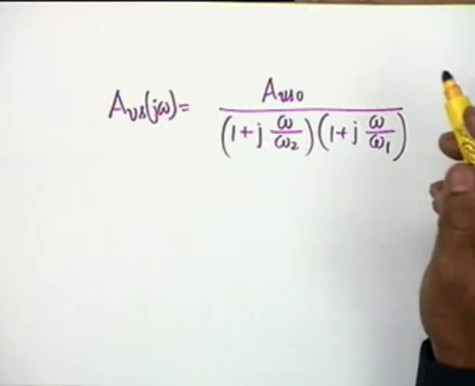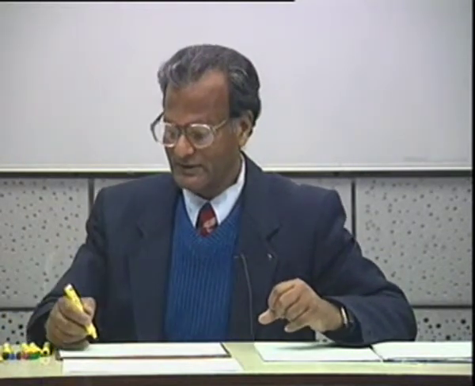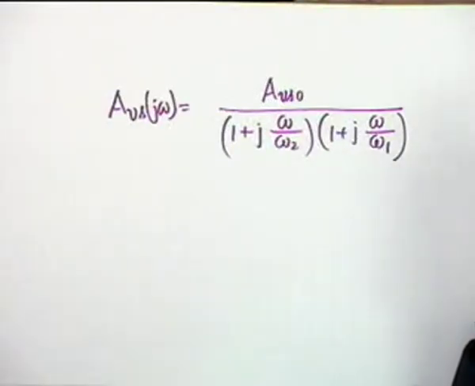In the numerator, if you recall, gm minus j omega c mu, so it was 1 minus j omega c mu by gm, there was a minus sign there, but these 3 factors correspond to 3 capacitances. Because there are 3 capacitances in the circuit, normally you expect that there shall be 3 such factors, 1 plus j omega by omega 1, j omega by omega 2, either plus or minus. It can occur in the numerator, it can occur in the denominator, alright. 3 capacitors, so 3 terms like this.